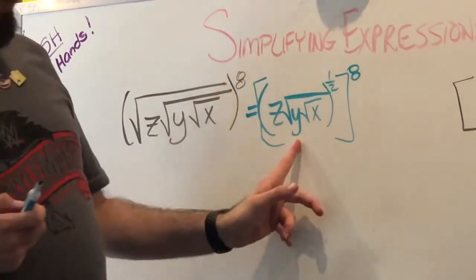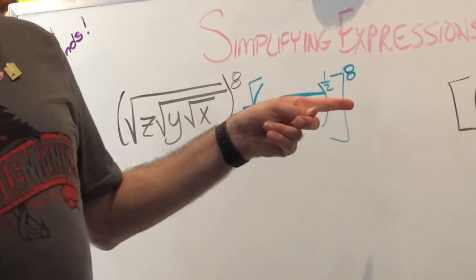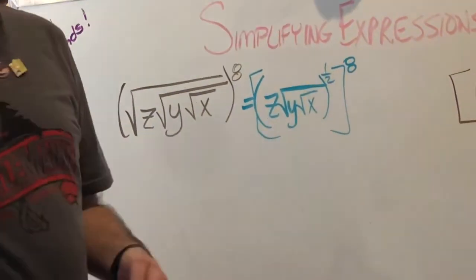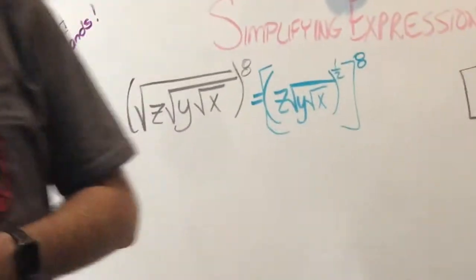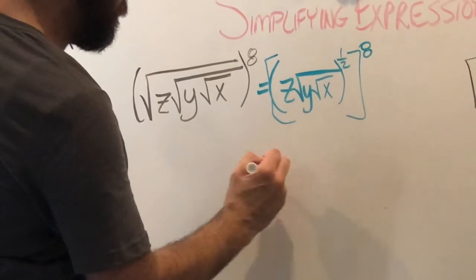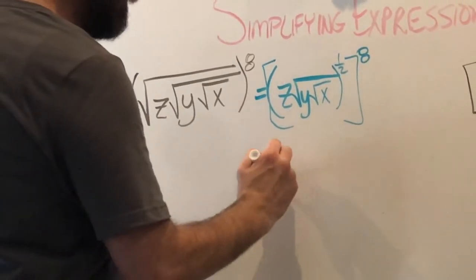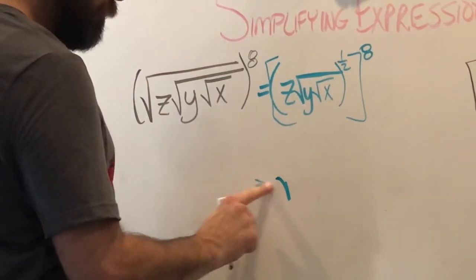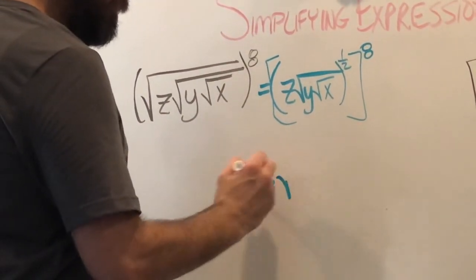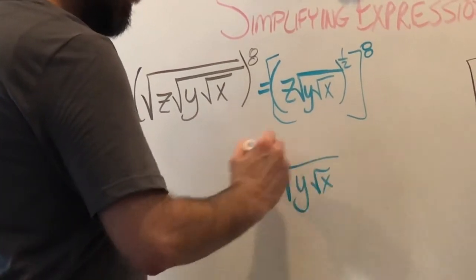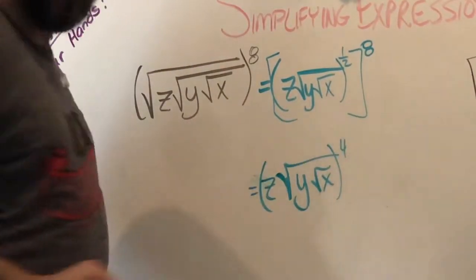Now I've got something raised to a power, which means we multiply those exponents together. What's 1/2 times 8? 4, yes! So now, let's rewrite that a little better: z to the 4th power times the square root of y times the square root of x, to the 4th power.